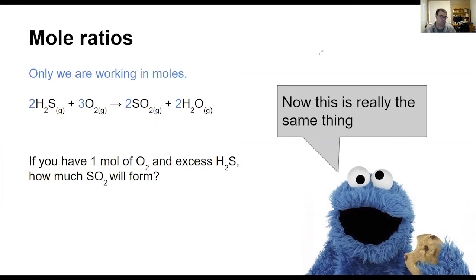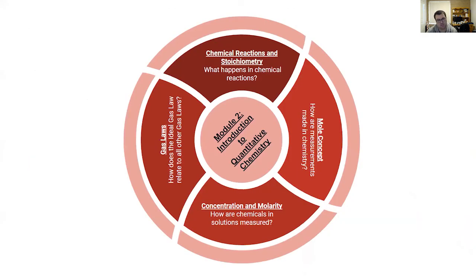We're talking about mole ratios, and mole is a measure of the number of particles we have present. So remember, when we're talking about moles in a chemical reaction, we're talking about groups, fractions of 6.022 times 10 to the 23 particles.